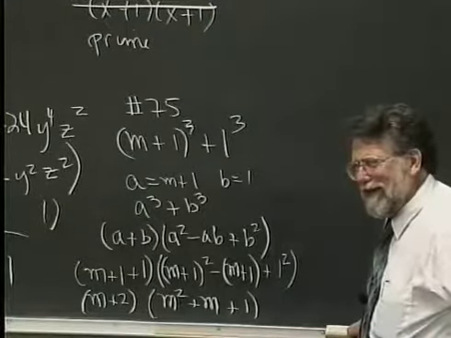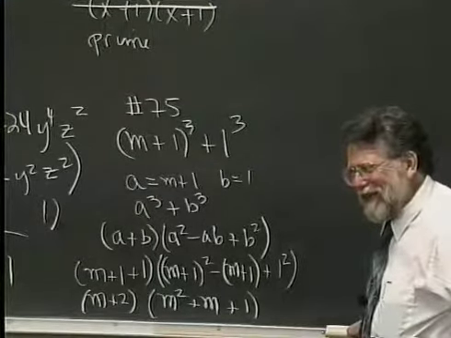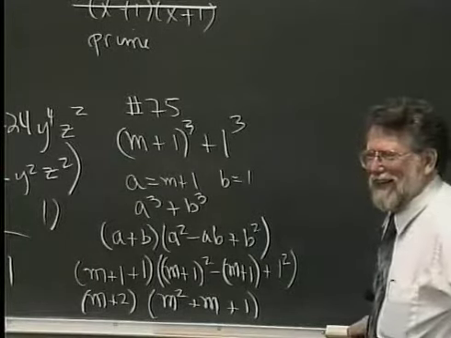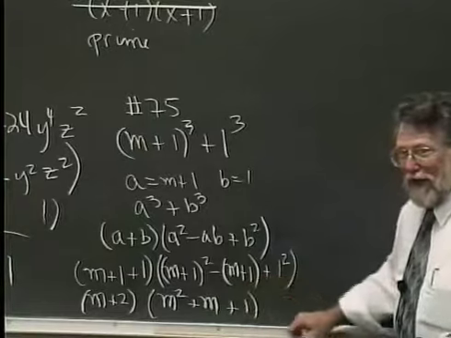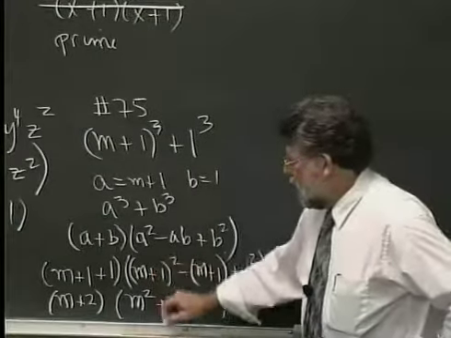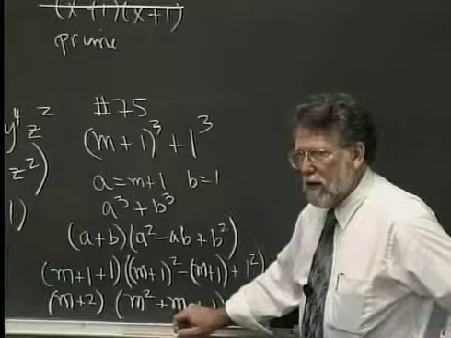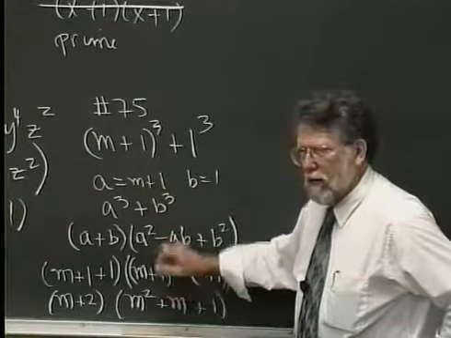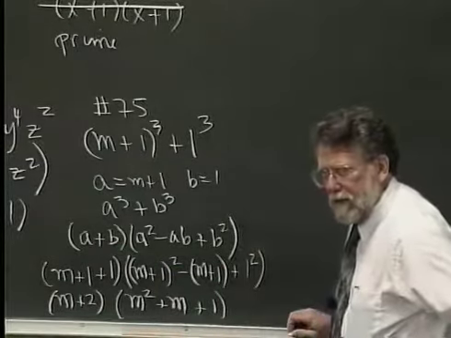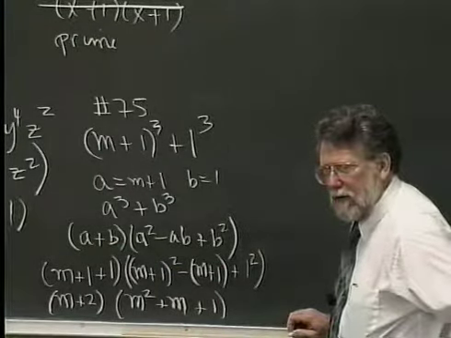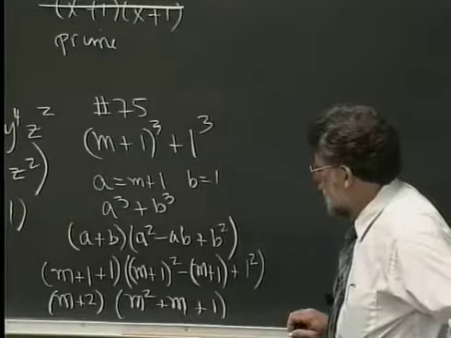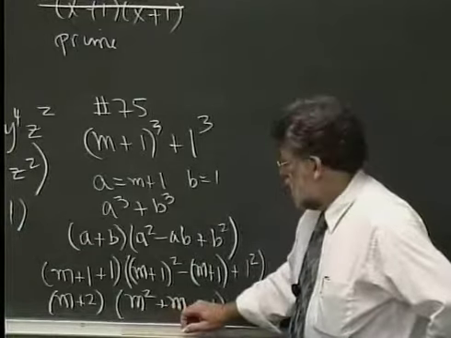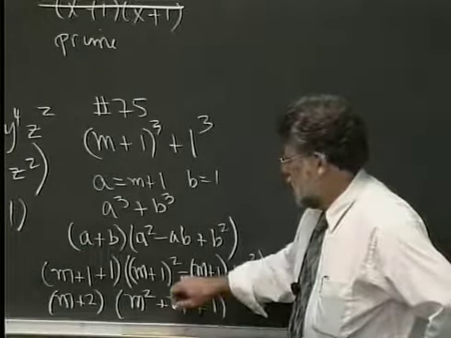Jennifer? Question? Your expression says there's a question. Well, I don't know what to ask. Is it on this problem? Are you wanting to know where I came from here to here? Or is it from here to here? Well, I thought, okay, if you have the m plus 2 parentheses. Yes. I thought that the signs on the other parentheses would be opposite.